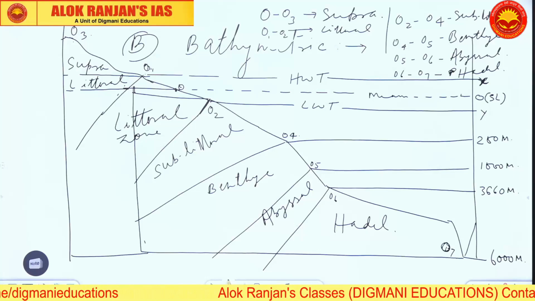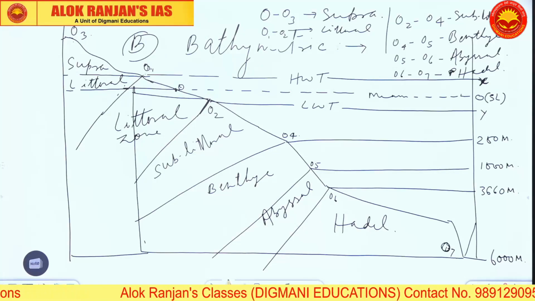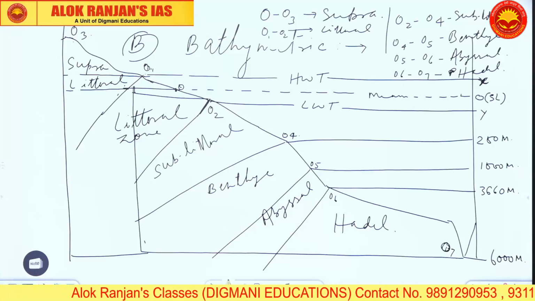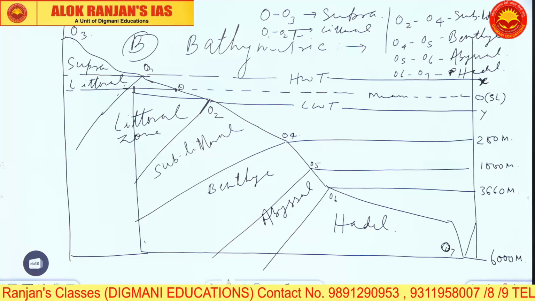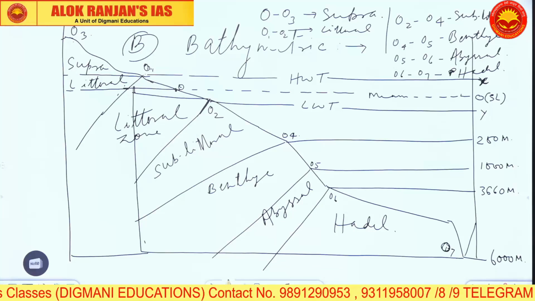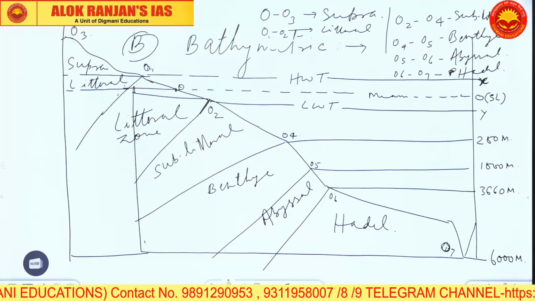I have done enough research, so you have every reason to believe me and go by my convictions. Littoral is O1 to O2, sublittoral is below it, and then 200 meters to 1000 meters is the benthic zone.